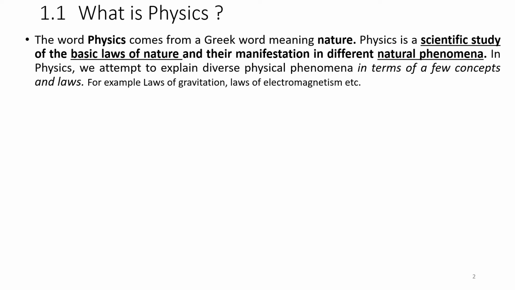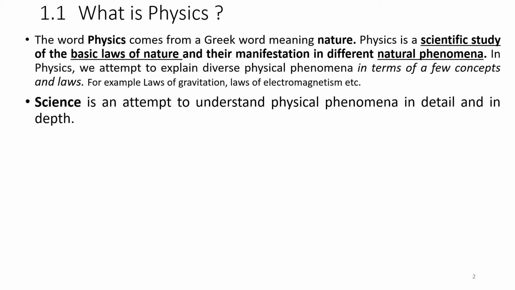For example, laws of gravitation and laws of electromagnetism. We will study laws of gravitation in detail in a subsequent chapter in class 11, that is this class itself, and laws of electromagnetism in class 12.